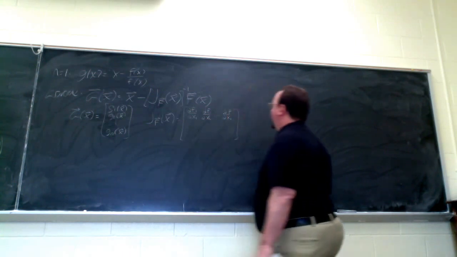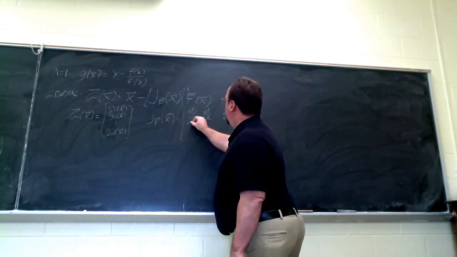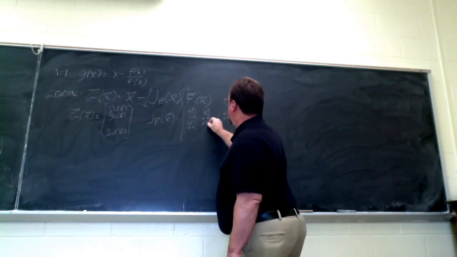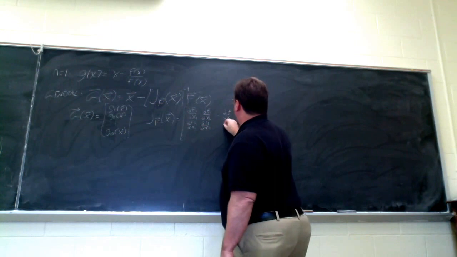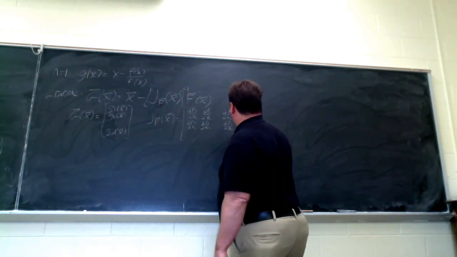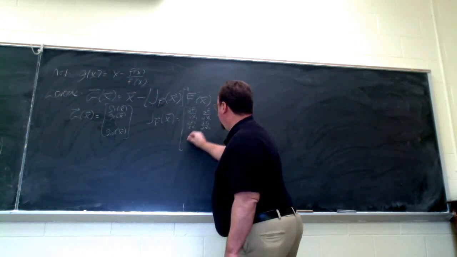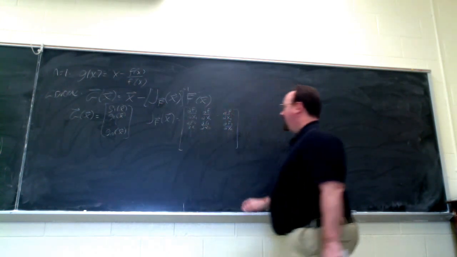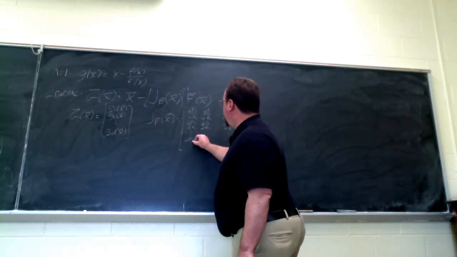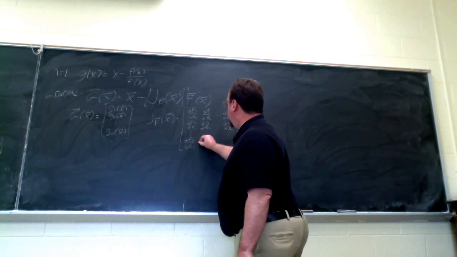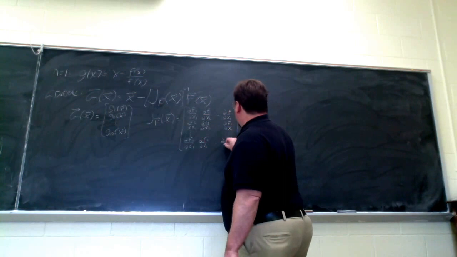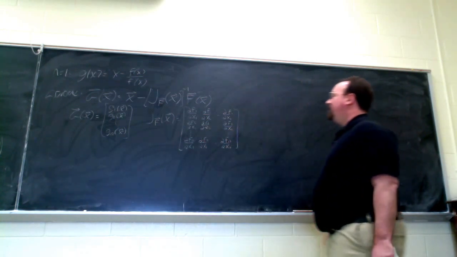That's the first row. And then partial of F2 with respect to x1, partial of F2 with respect to x2, down to partial of F2 with respect to xn. I need a bigger matrix. It's like Jaws, need a bigger boat. So finally, the last row: dFn dx1, dFn dx2, dFn dxn. Okay, so that's our nasty Jacobian matrix.